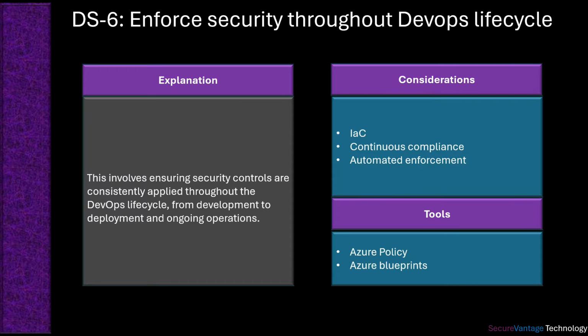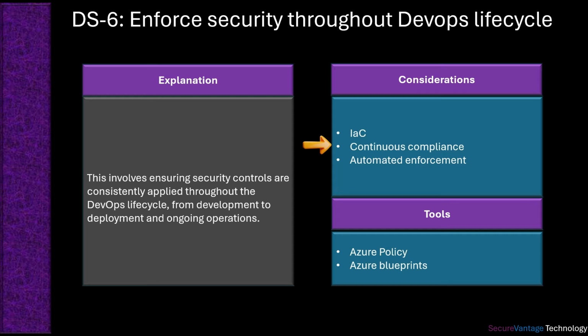Sixth, DevOps processes: enforce security of workload throughout the DevOps lifecycle. This involves ensuring security controls are consistently applied throughout the DevOps lifecycle, from development to deployment and ongoing operations. What are the considerations that need to be given in this case? You promote the use of IaC tools to define and enforce security controls as code.